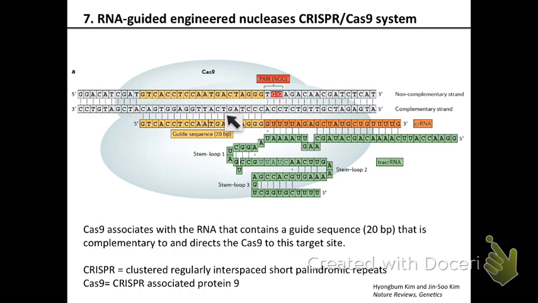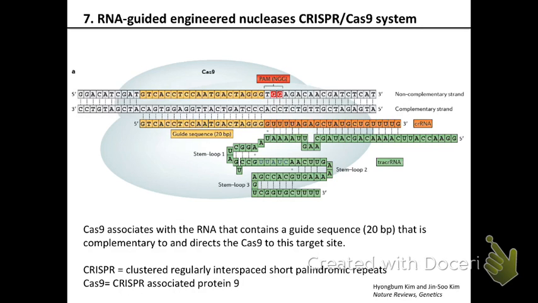Okay? So that's going to be the complementary strand. And this targets the whole complex to the DNA. And this is called a protospacer adjacent motif, PAM, with the sequence NGG. When the protein finds its good target sequence that the RNA is complementary to and recognizes this PAM sequence, it's going to cut the DNA here.